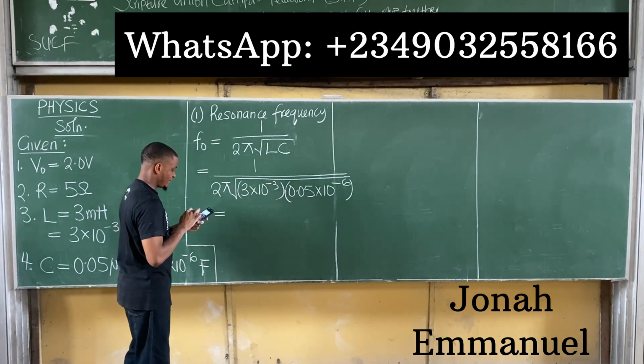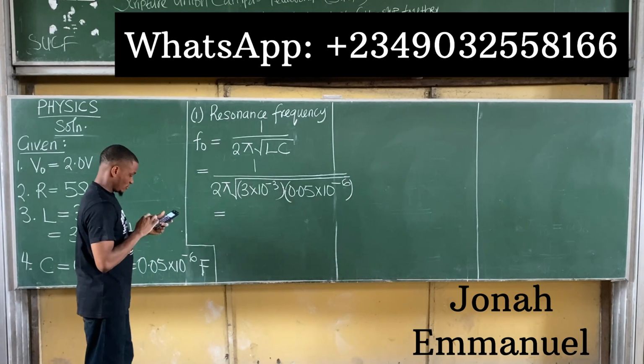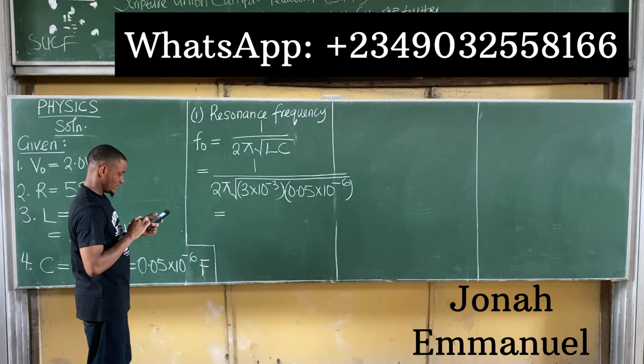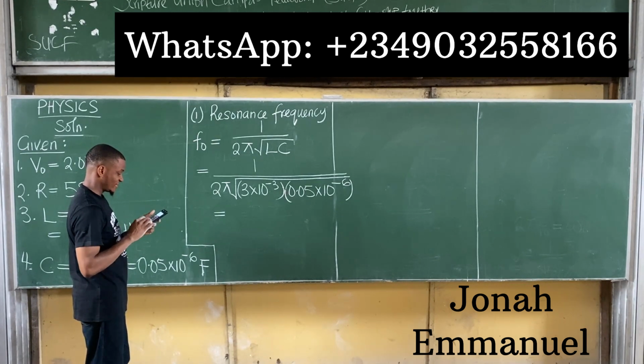Okay, so I have this as 1 all over 2 pi, then square root of 3 times 10 to the power minus 3 multiplied by 0.05 times 10 to the power minus 6.